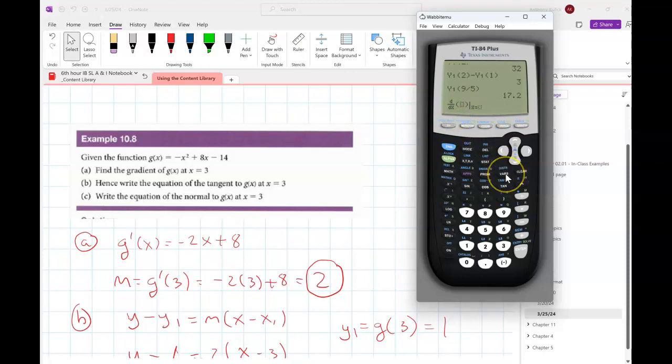Inside the parentheses, I'm going to type in y1, because that's where I type the equation that I want to differentiate. So I'll press the vars button, yvars, function y1. And where it says x equals, that's where I'm going to put the 3. And I'm going to press enter. Bloop, there's the 2.